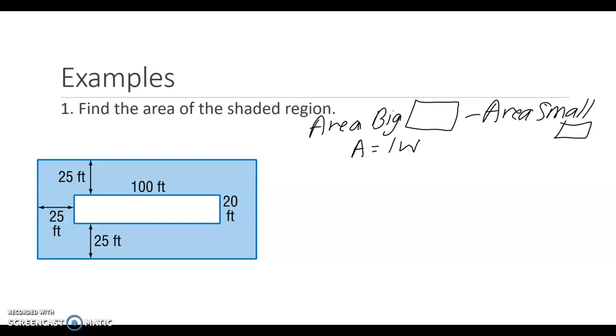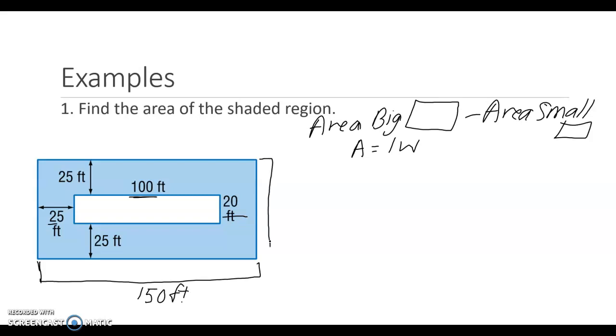Okay, so when I look at the total length of this bigger rectangle, I of course have this length of 100 and then this length of 25, and then what would be this length of 25 over here, giving me a total length of 150 feet.